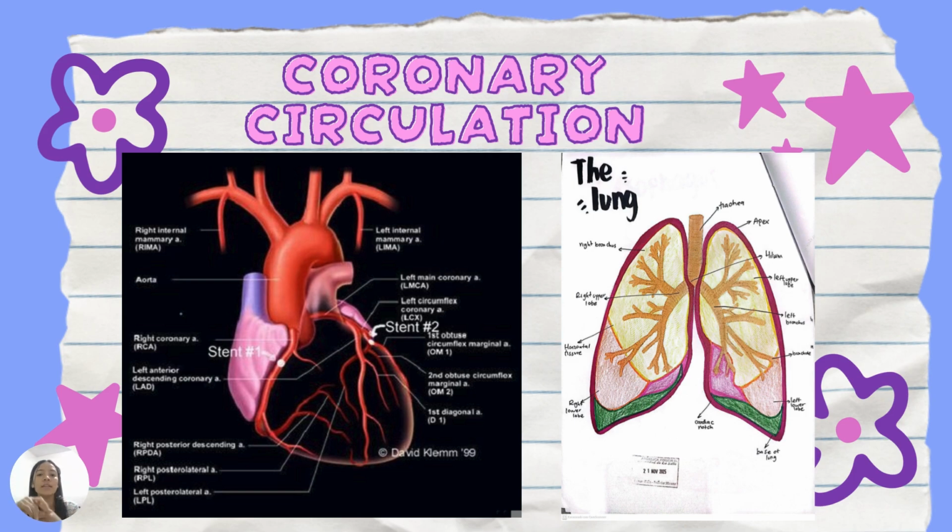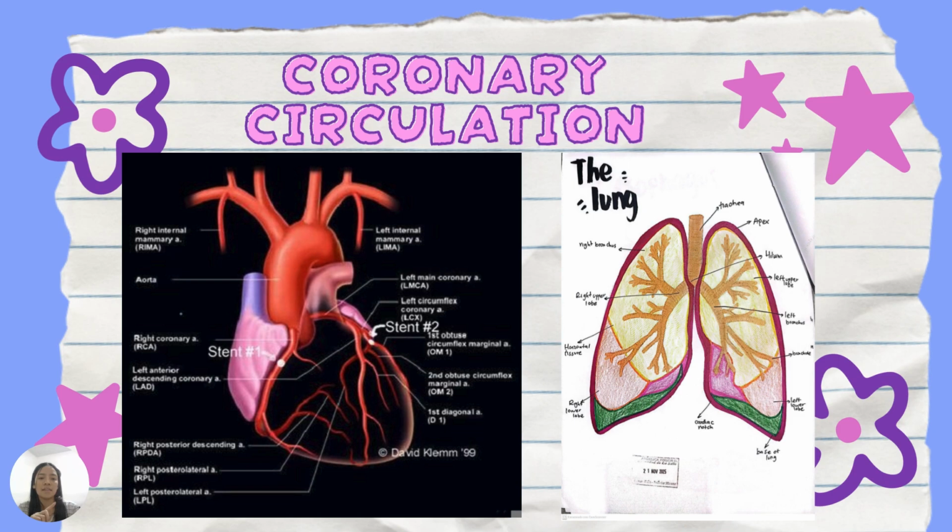The heart needs its own blood supply because it cannot depend on the blood it pumps. That is why the coronary arteries exist, and they arise from the aortic sinuses that we can see in the image on the left part.